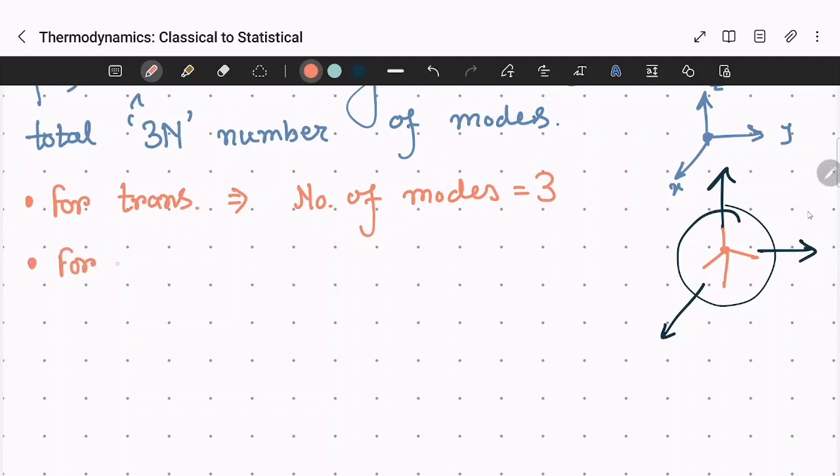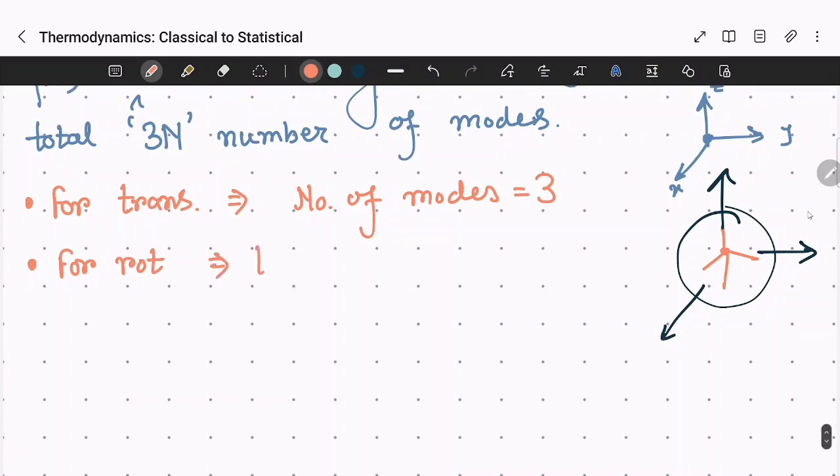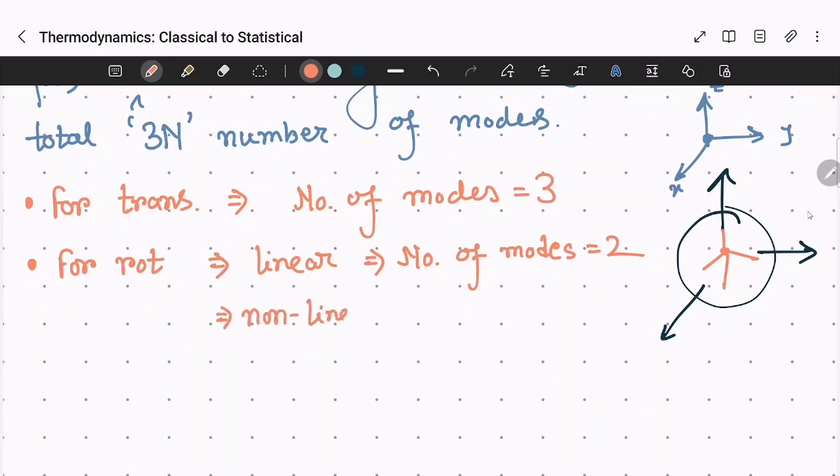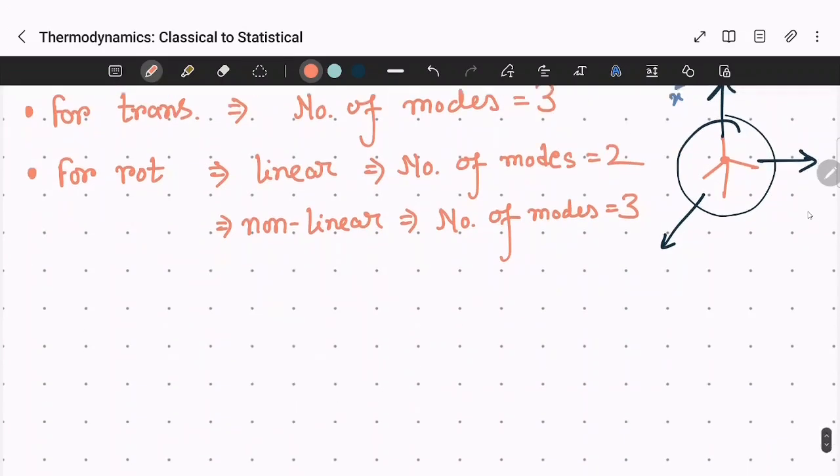For rotation, if it is a linear molecule, then the number of modes will be 2. Or if it is a non-linear molecule, then the number of modes will be 3 for rotation.